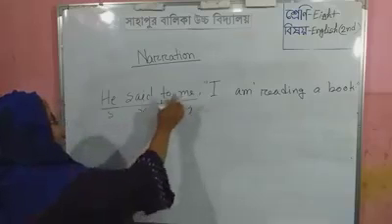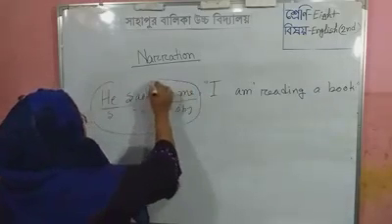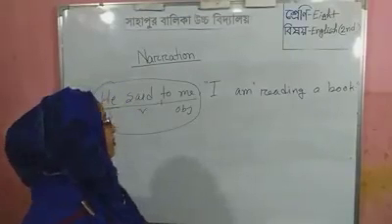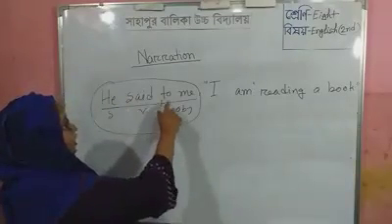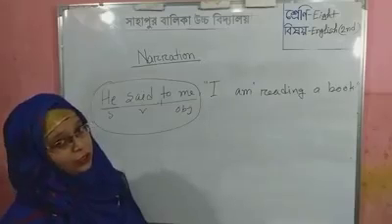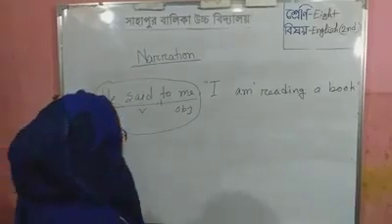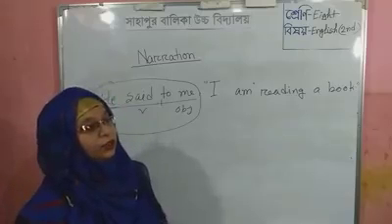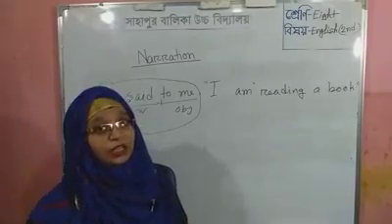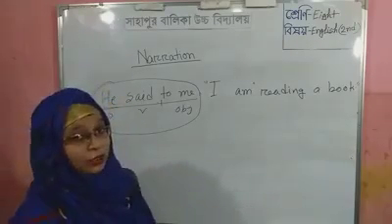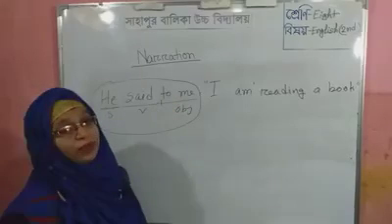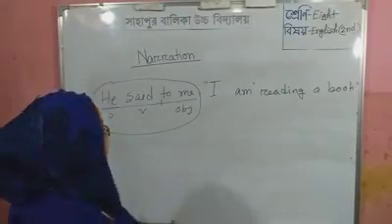This is the reporting verb, and with this reporting verb we get "to me" as an object. So according to the chart, if we want to use tell and told, we must have an object in the sentence.